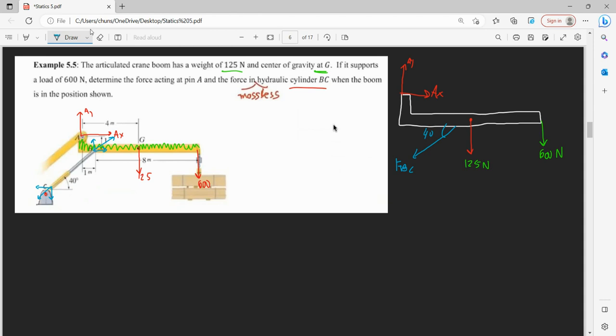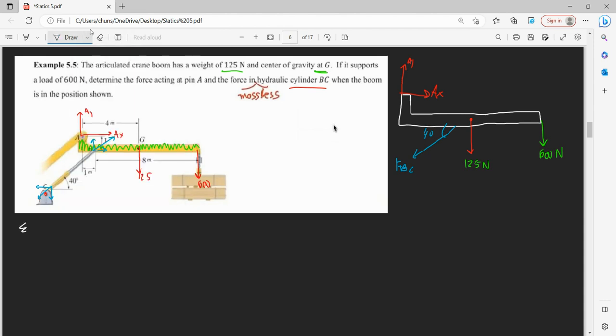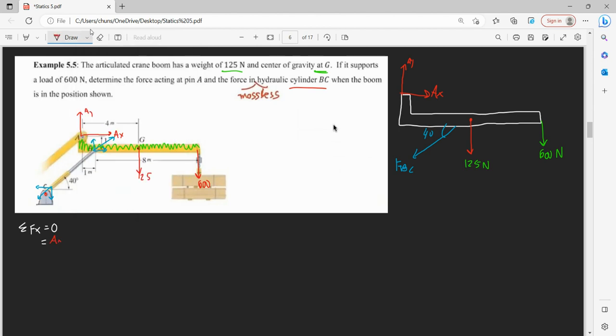So we have 3 unknowns and 3 equations, so yes, we can solve this. So let's start with our x forces. And this gives us our AX. If we break down our FBC components, we see that this is in the negative direction for our x direction. So it's negative FBC cos 40.